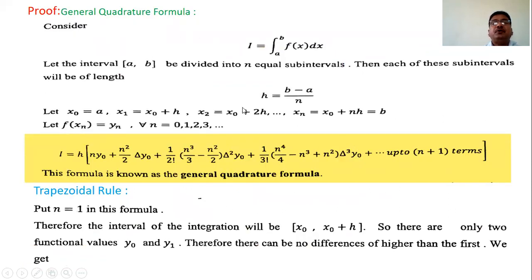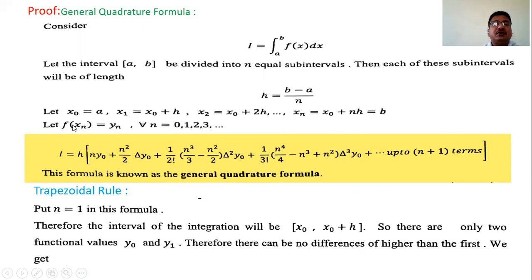Then proof of the trapezoidal rule. First state the general quadrature formula. In order to prove the trapezoidal rule or Simpson's 1/3 rule or 3/8 rule, first in the proof write the general quadrature formula. So consider this integration, divide this interval in sub intervals, each of length (b minus a) by n, and then these are the end points of the sub intervals.